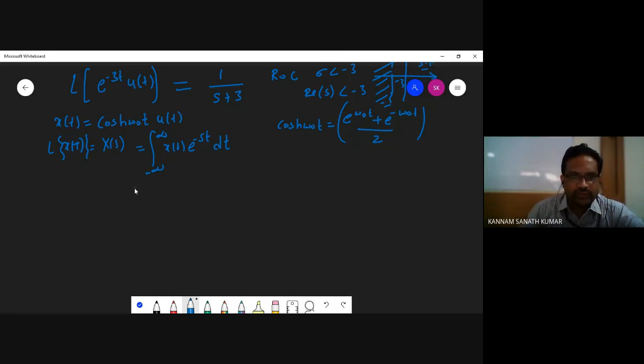So this is defined for t greater than or equal to 0 only. Why? Because cosh omega naught t into u of t is there.